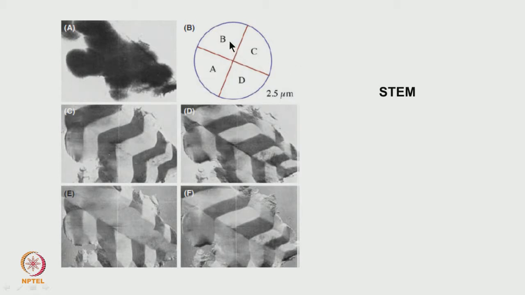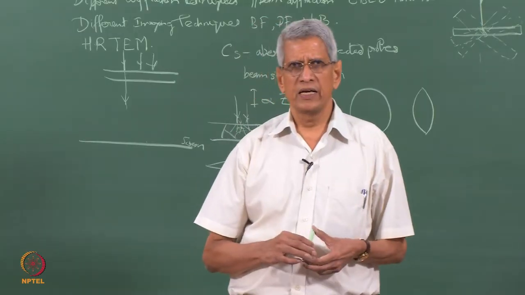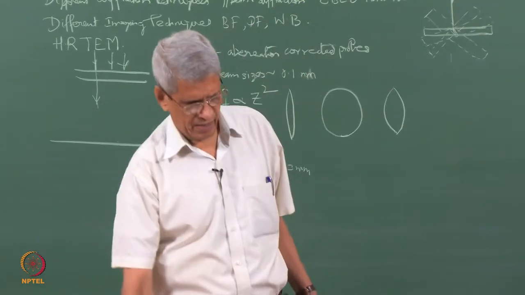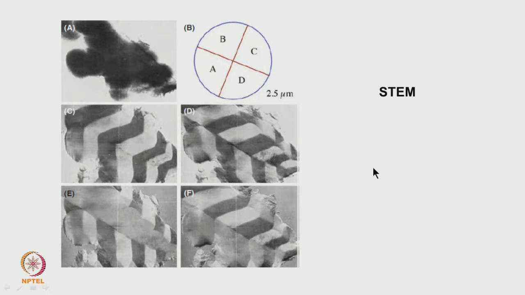We know the electrons which are scattered in each direction. From that we can get how the magnetic domains are distributed. We can add, subtract information from one quadrant to the other, so that we can manipulate the image contrast and get information about the distribution of the magnetic domains.